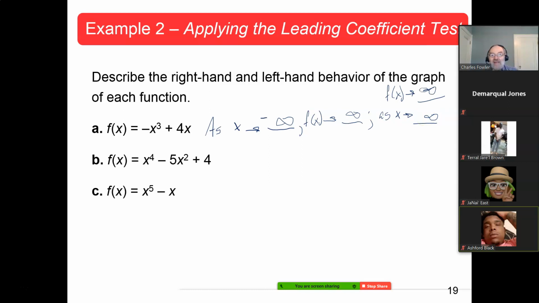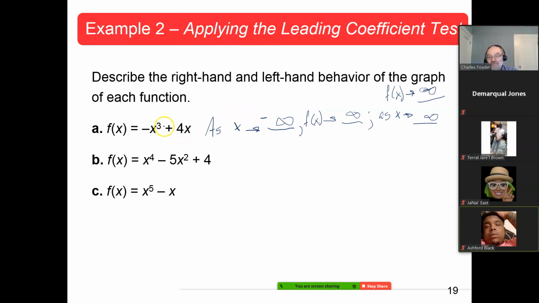Now, what we have to determine is what is happening to the f of x when x is very large negative. Just pick a large number, and it doesn't have to be that large either. Like 10. 10 cubed is 1,000. But this is a minus 10.